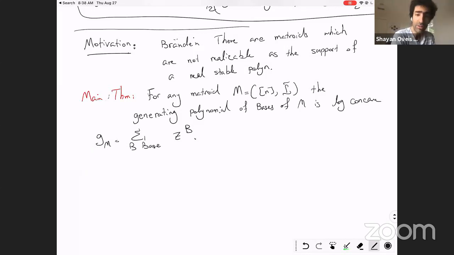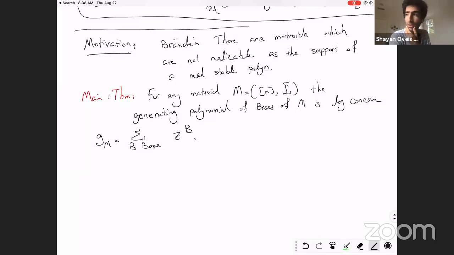So in particular, not only can you realize every matroid as the support of a log concave polynomial, you can also realize it as a polynomial where all coefficients are 1. This polynomial is not real stable, not just for the Fano matroid, but for much wider classes of matroids.